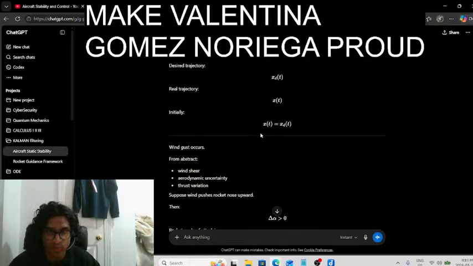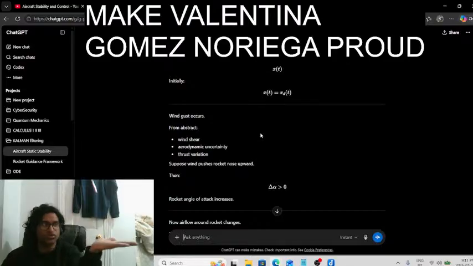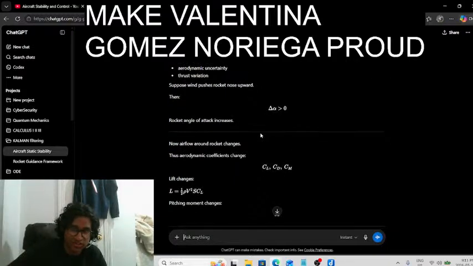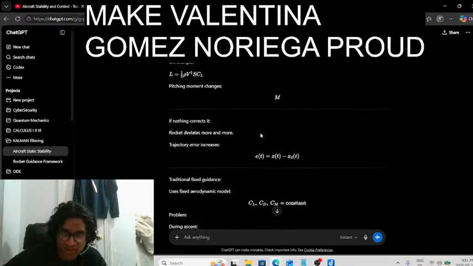We said that there is going to be wind shear, aerodynamic uncertainty, thrust variation. And suppose wind pushes the rocket nose upwards, which means your disturbance is increasing, meaning the angle of attack is increasing. The airflow around the rocket changes, which means your lift will change, your drag will change, your pitch moment will change. And if nothing corrects it, the rocket will deviate more and more. So the error will continue to increase.